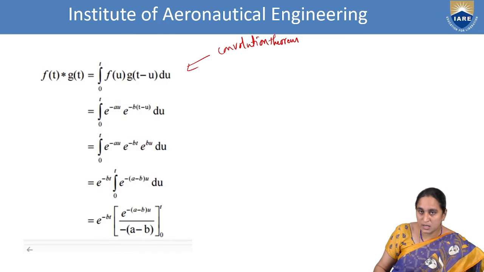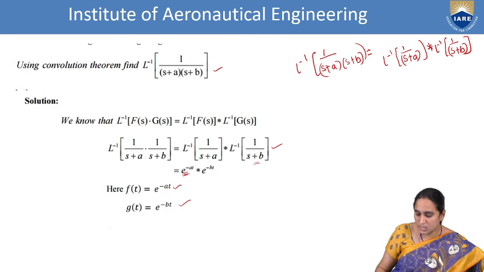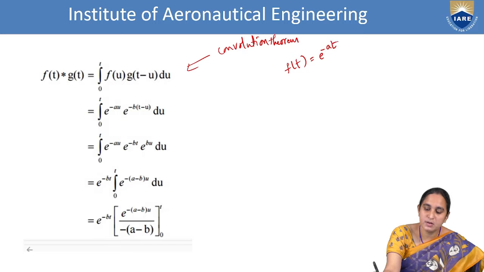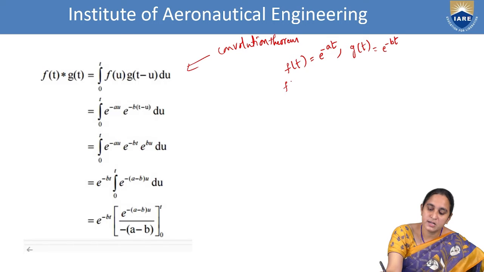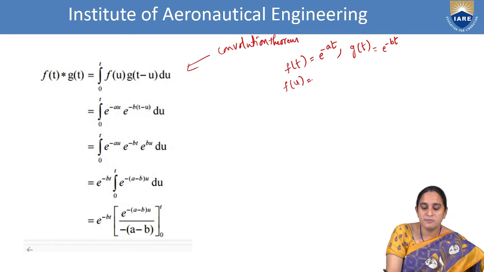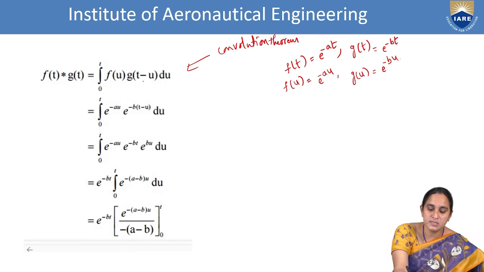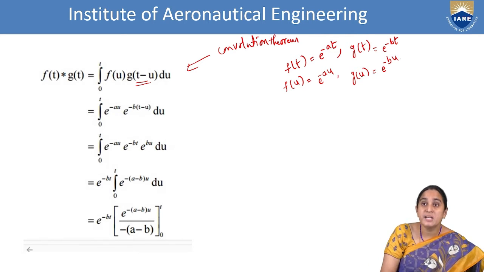Here f of t is e power minus at and g of t is e power minus bt. So f of u is e power minus au and g of u is e power minus bu. But what is the form of g of t minus u?